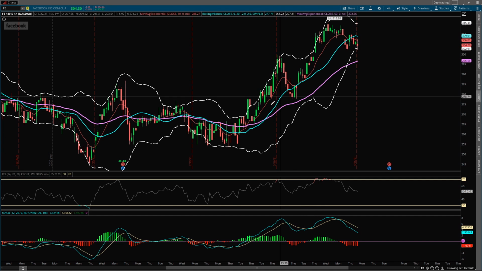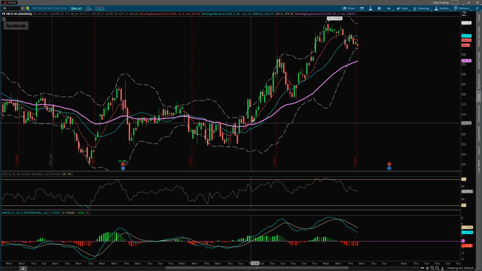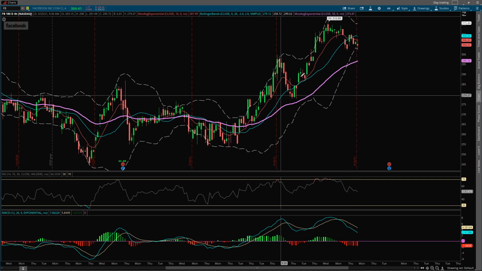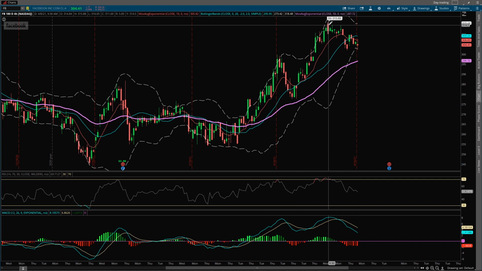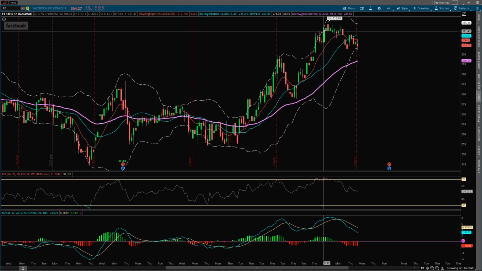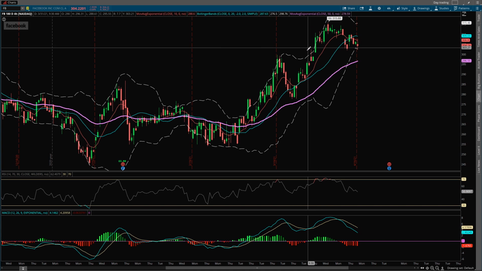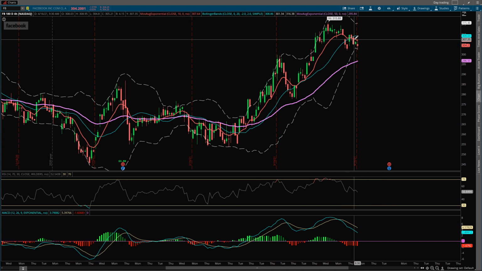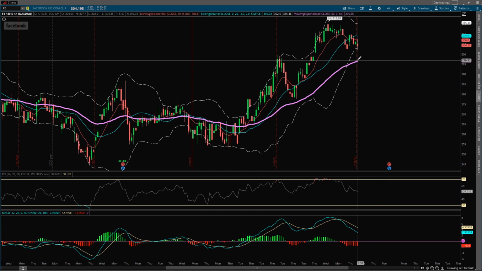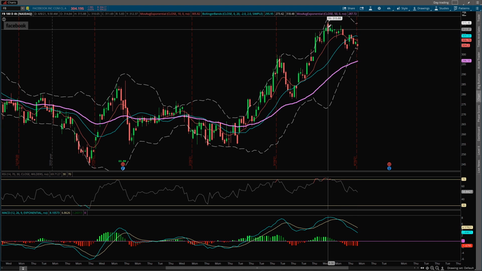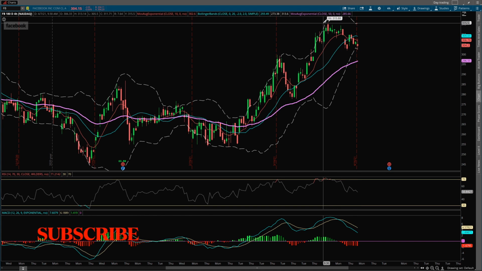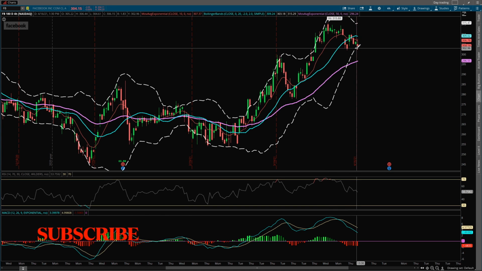So if you had gotten in on the long signal, that would be 266, and let's say that you hold it for all that time, and you're looking to take a profit as a swing trade. The way that you would go with this is, if you are looking now, the 10 moving average just crossed over the 20 moving average, and you have the 50 here, and you went from high volatility on the upper band towards the lower band.